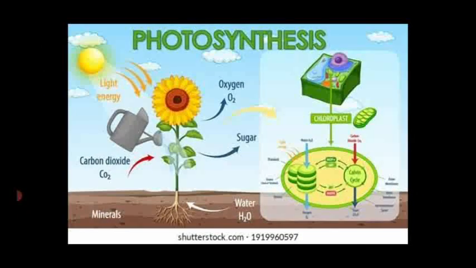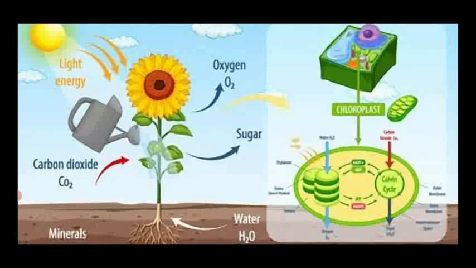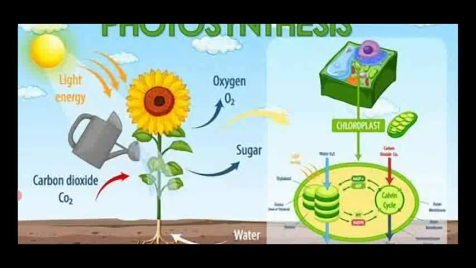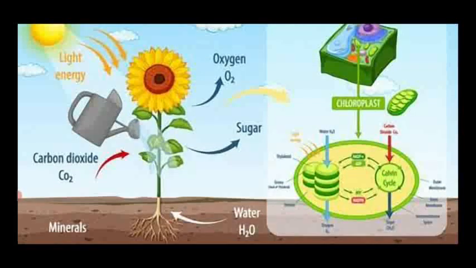See the second diagram, which is the structure of the chloroplast, which we have seen in the previous video class. Outer membrane, inner membrane. Inner to the membrane is the stroma region having disc-shaped structures lying one above another in the form of a stack of coins, called thylakoid, where the photosynthetic pigments are present.